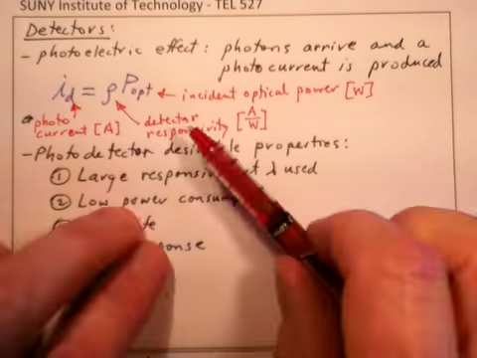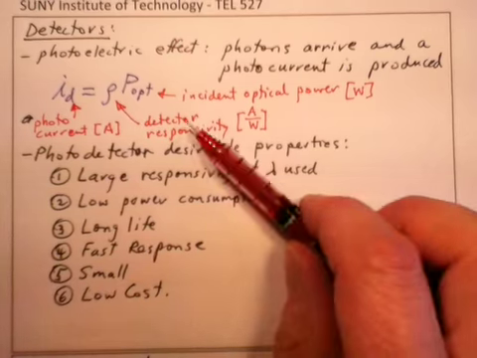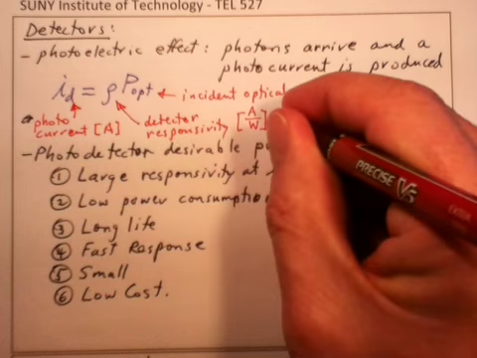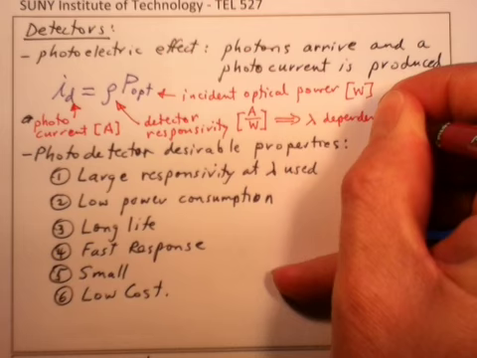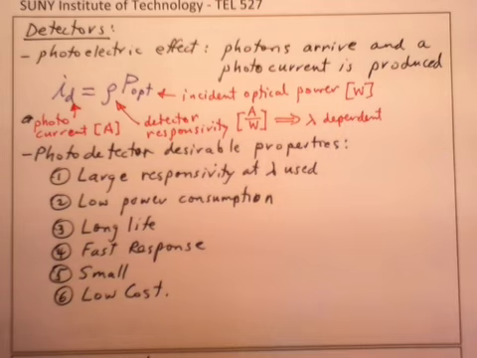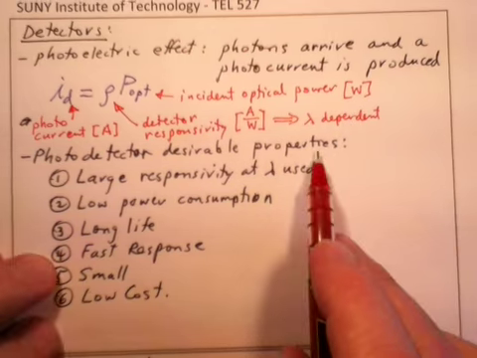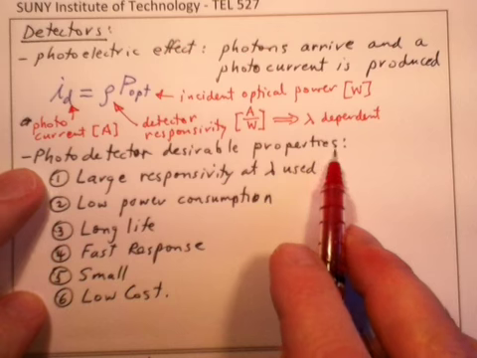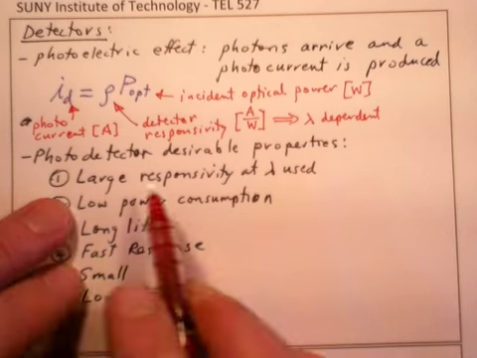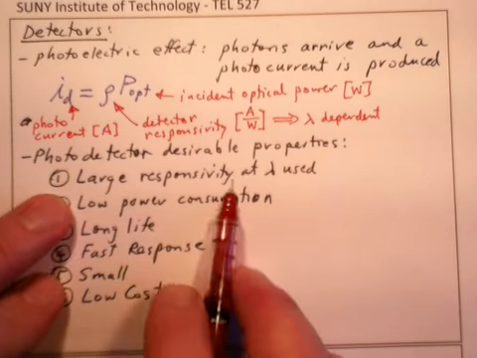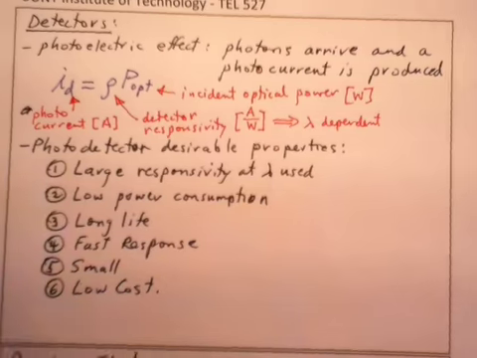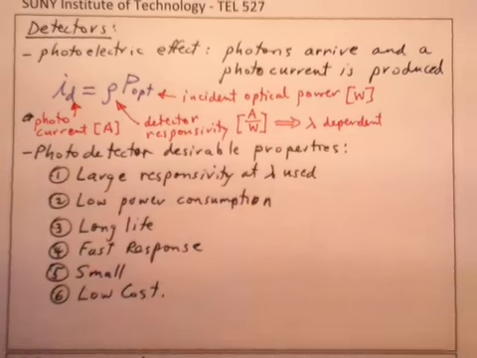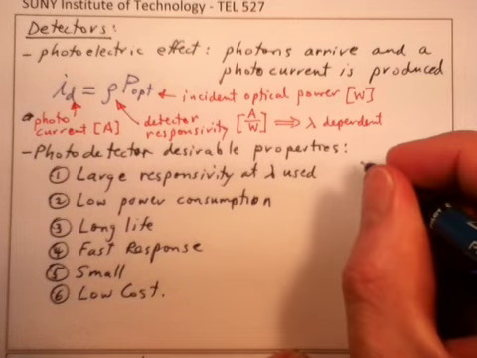Now, responsivity does depend on lambda, often quite strongly. When we're looking at desirable properties for a photodetector, we're looking for, first and foremost, large responsivity at the wavelength in use. So we'll have different detector materials for different wavelength ranges.